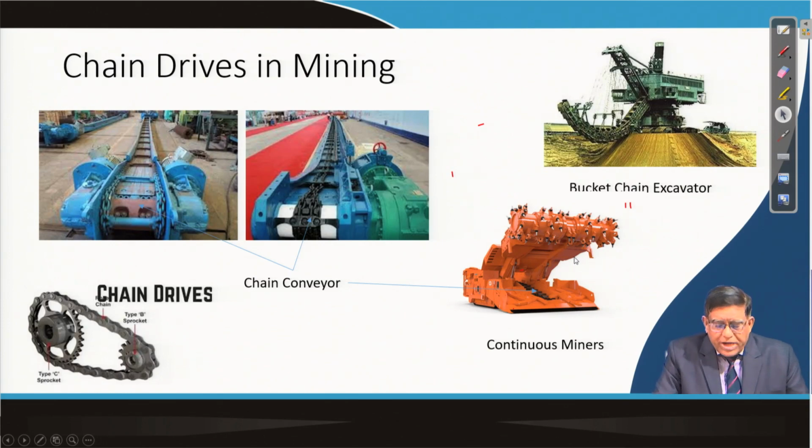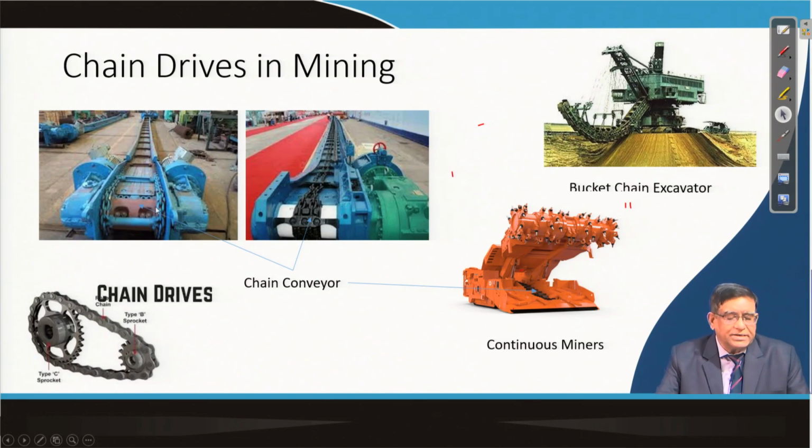Similarly, in the chain drive, in place of the belt you are having chains. In the mining industry there are a number of places where you can see the chain drive, where the chain is used for conveying purposes.